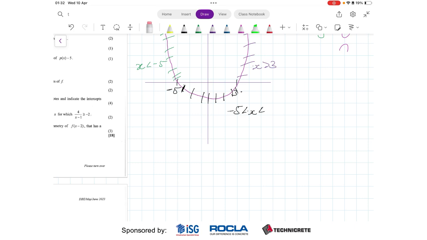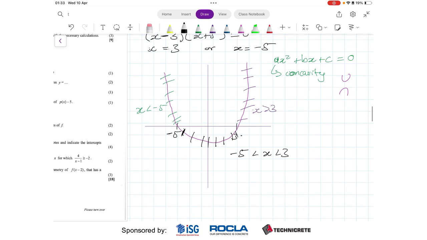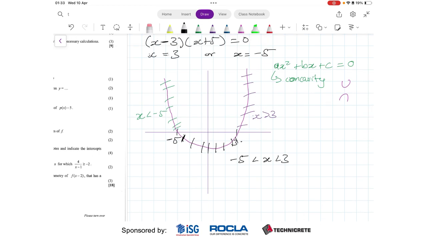So where x is sandwiched between minus 5 and 3, you see that our function is below the 0 line. It's below the y equals 0 line.